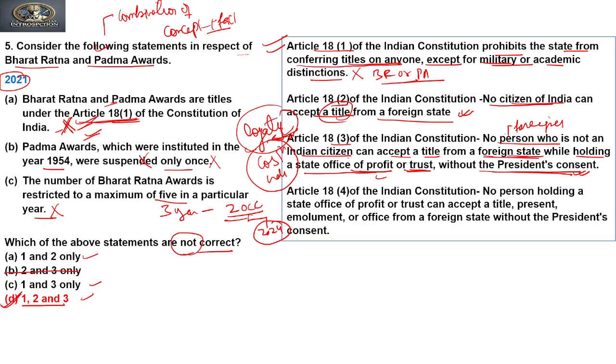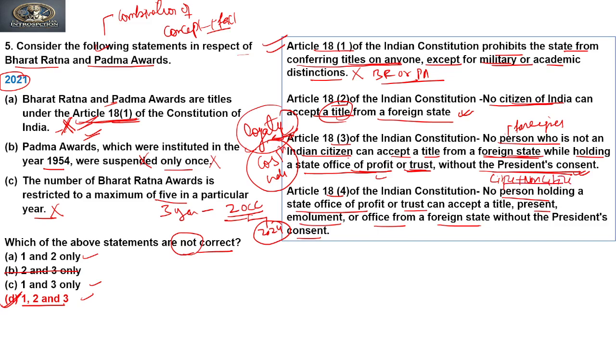Now Article 18 clause 4 of the Indian Constitution says that no person holding an office of profit or trust under the state can accept any title, present, emolument or office from a foreign state without the consent of the President. This 'no person' includes citizens as well as non-citizens, that is, aliens also.